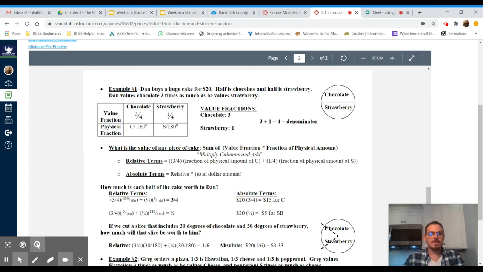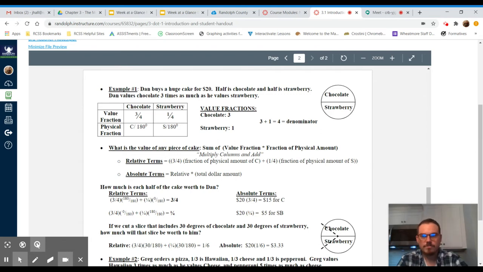Because 3/4 is 3 times the amount of 1/4. Strawberry is worth 1/4, even though it's technically showing up as a half. If you multiplied 1/4 by 3, you would get 3/4. And that's 3 times larger, so chocolate is worth 3/4.